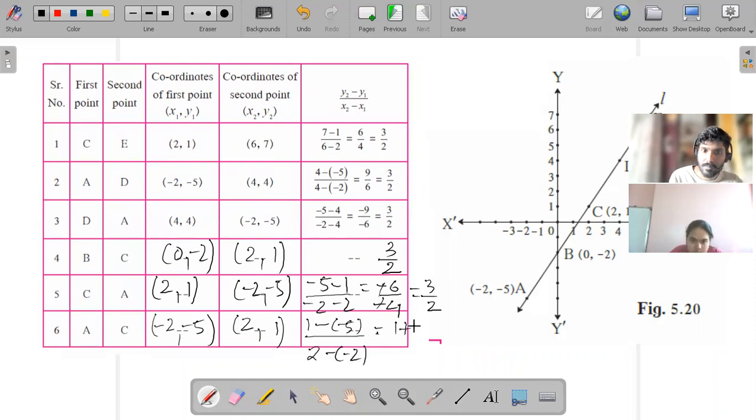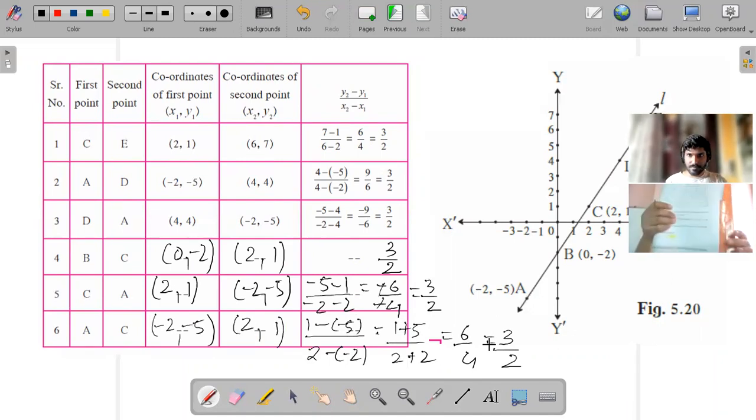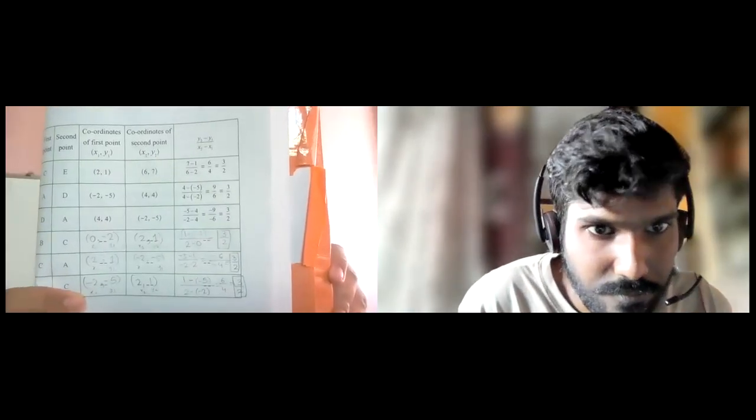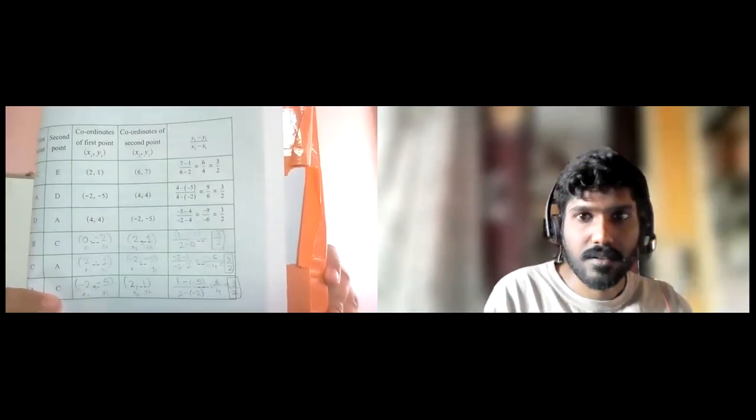So this becomes 1 plus 5 upon 2 plus 2. That is 6 upon 4, and you can reduce it and you'll get 3/2. Is this clear? Did you understand this? Yes, correct.